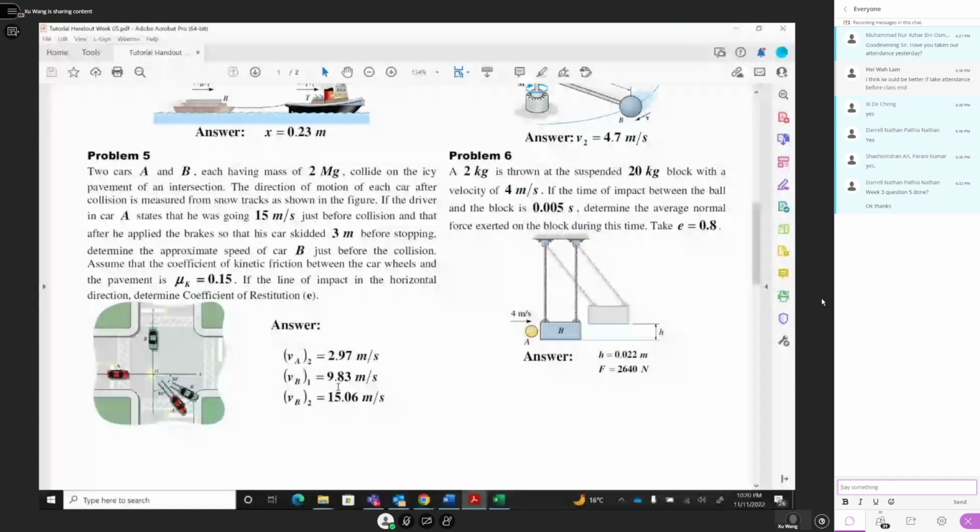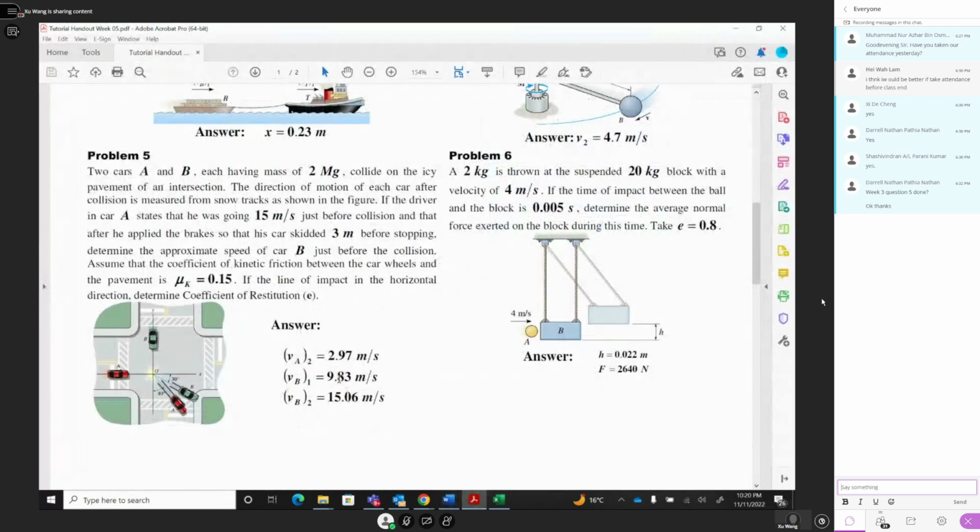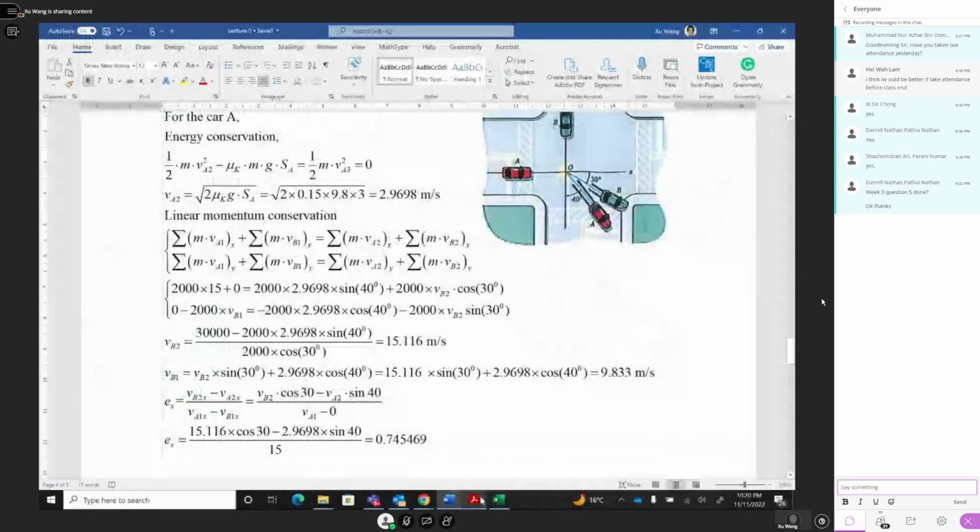So this is a point, and the result did not give the result for VB1, 9.73. VB1 9.73, 9.833, I guess 9.833, 9.83. Yeah, that's right. VB2 is 15.116.